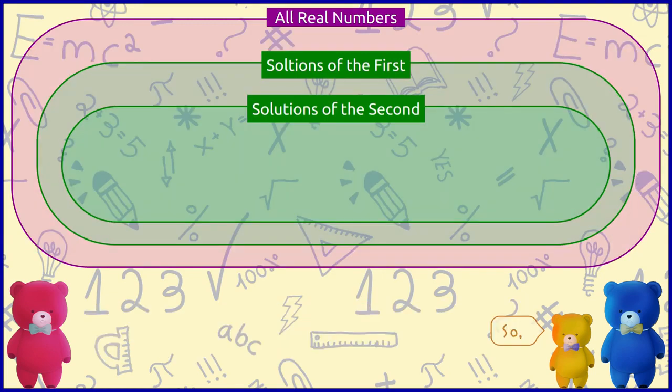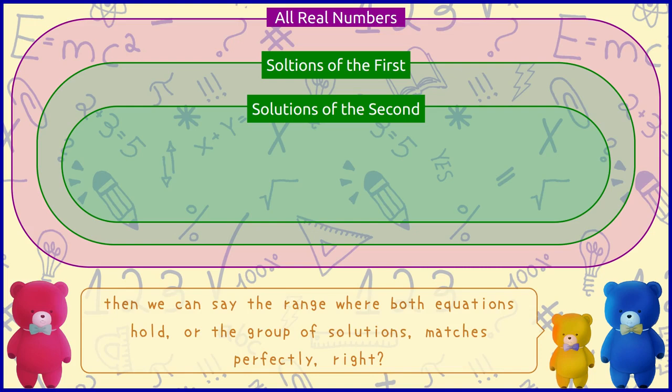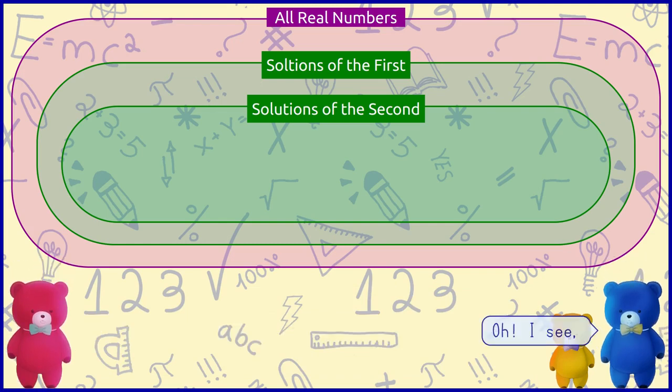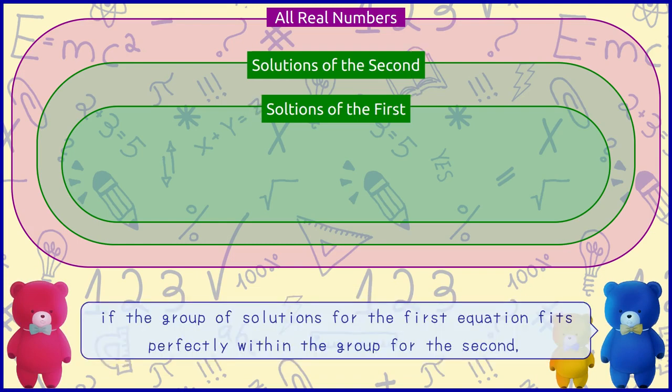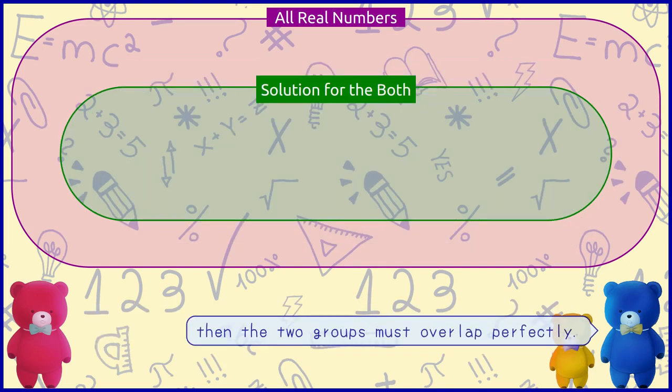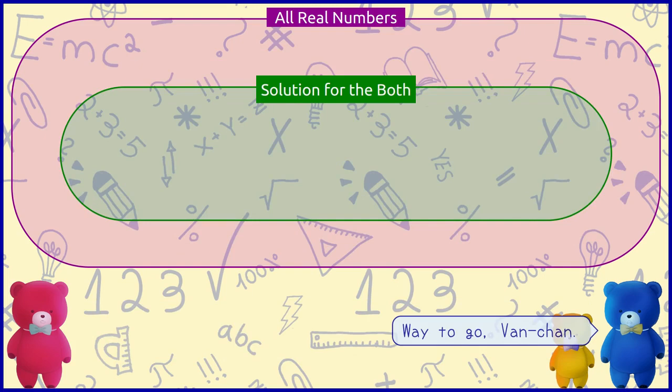So then we can say the range where both equations hold, or the group of solutions, matches perfectly, right? Fan Chan, you're amazing. Exactly right. I see. If the group of solutions for the first equation fits perfectly within the group for the second, and the group for the second fits perfectly within the first, then the two groups must overlap perfectly. Way to go, Fan Chan.